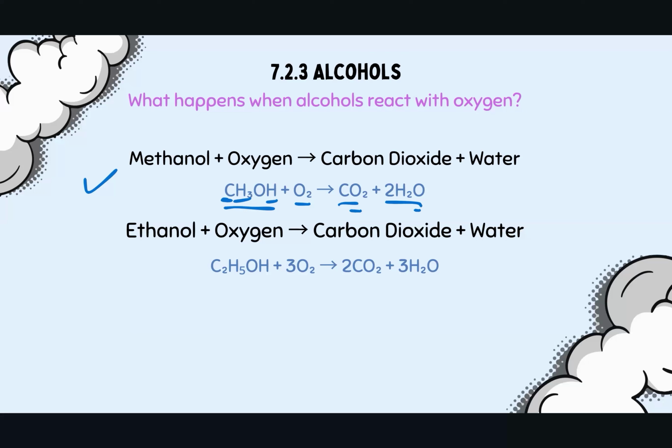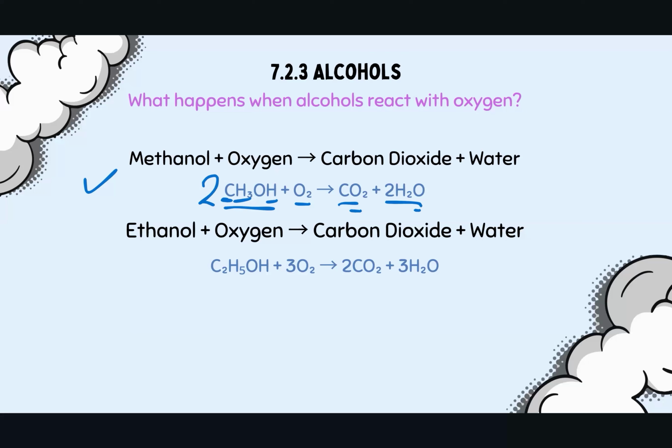So did anyone manage to do it? It's actually quite a tough one to be honest. So if you didn't manage, it's not a problem. So you put a 2 there because that temporarily balances the oxygens.